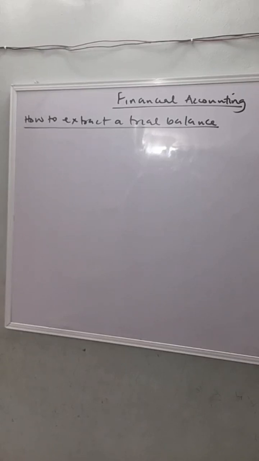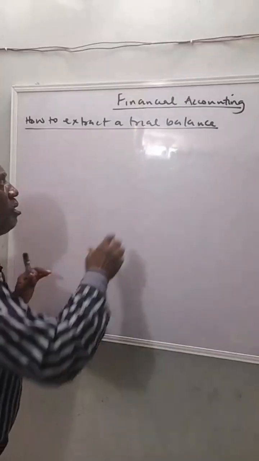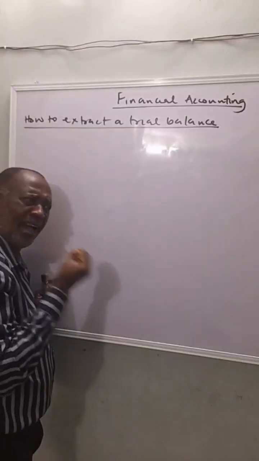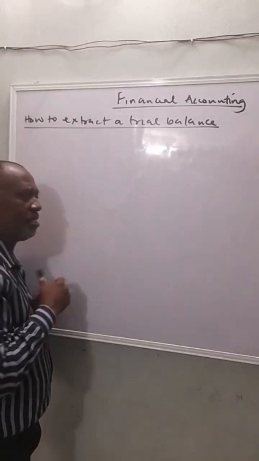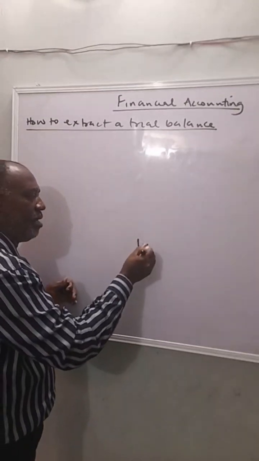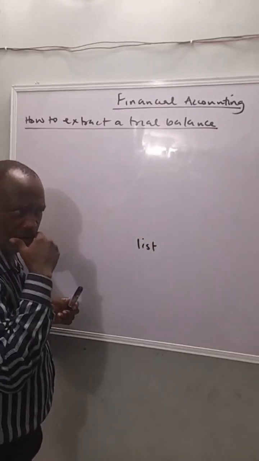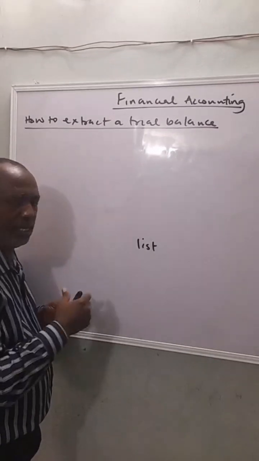I'm going to explain more on how to extract a trial balance as far as accounting is concerned. Without wasting much of our time, when we say trial balance, it is not an account, but a list, L-I-S-T, a list of all ledger balances or extracts.